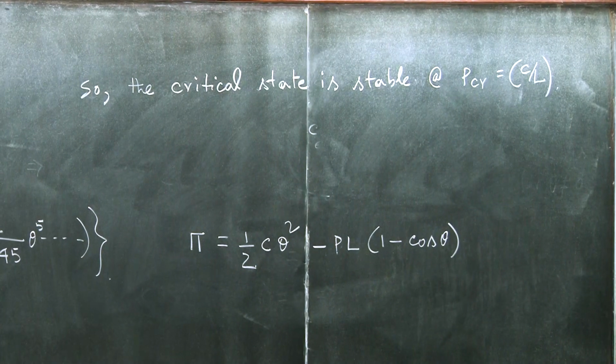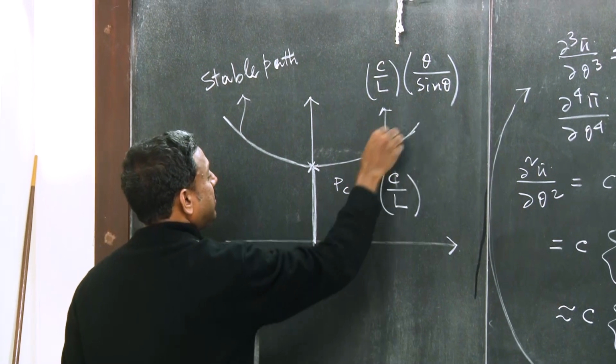So, what we can see is that the stable fundamental path at theta equal to 0 bifurcates.